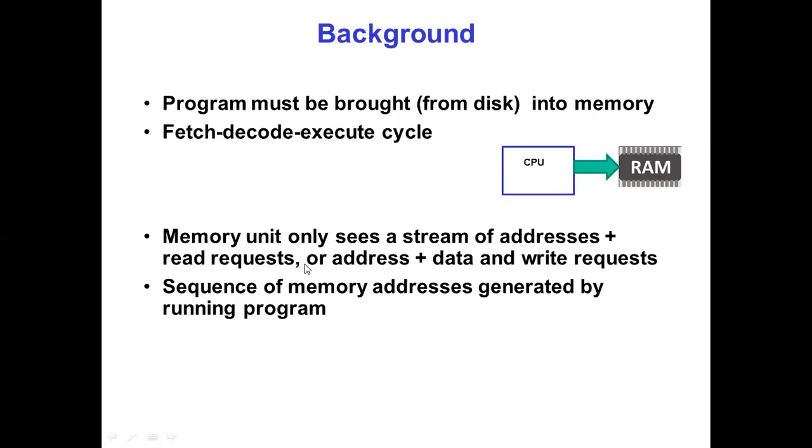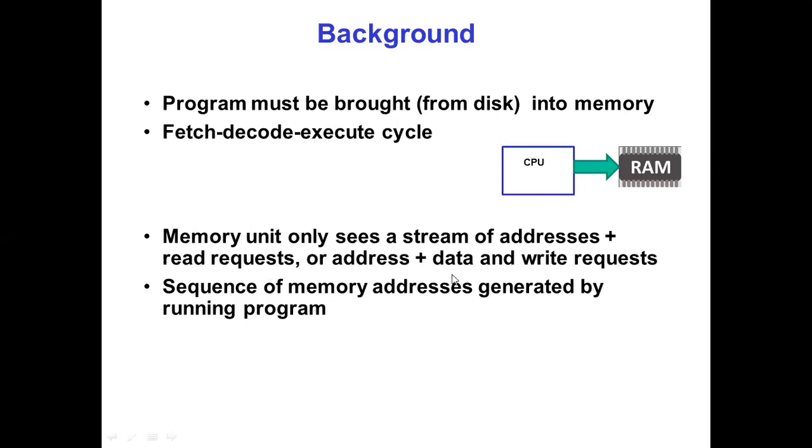Now here we can see the memory unit only sees a stream of addresses. So in the memory, we just find the address, or if there are a number of processes, then we can say a stream of addresses. We have a number of addresses here. Okay, plus a read request. So we also have the request.